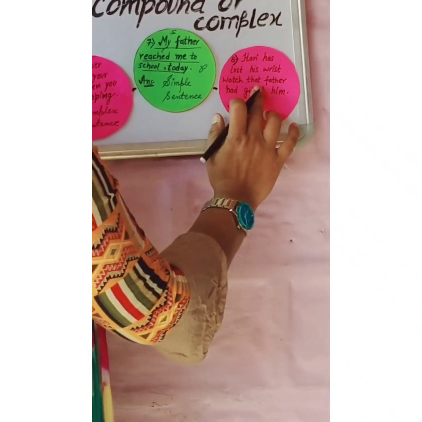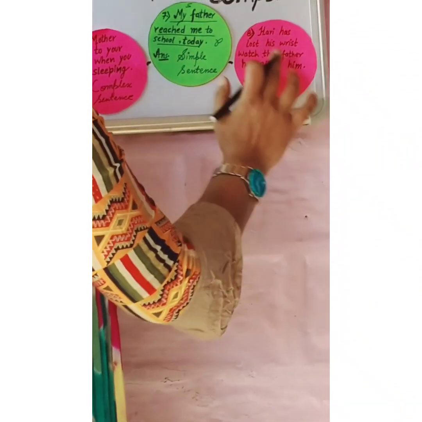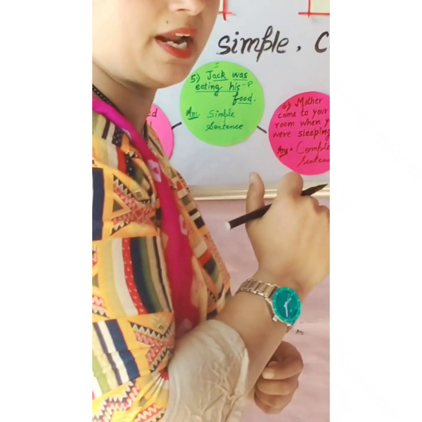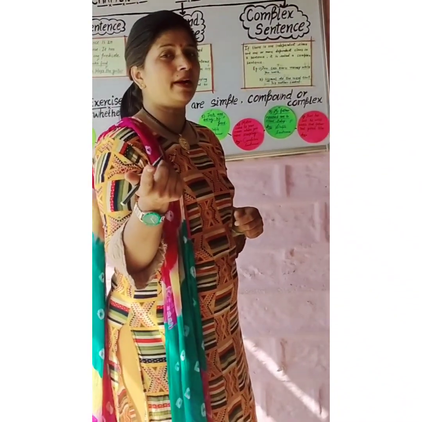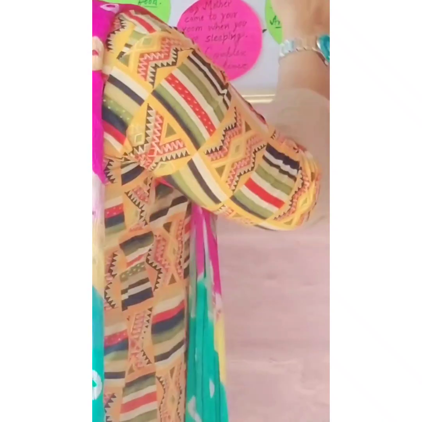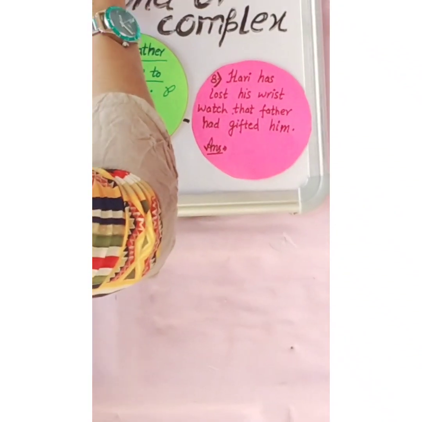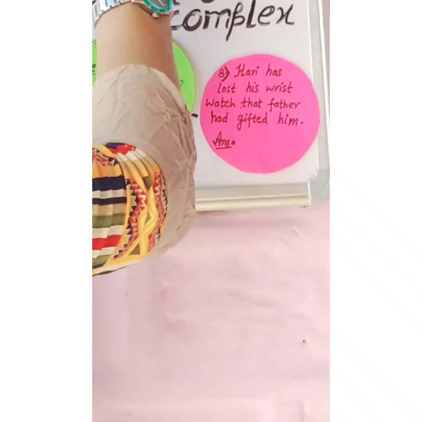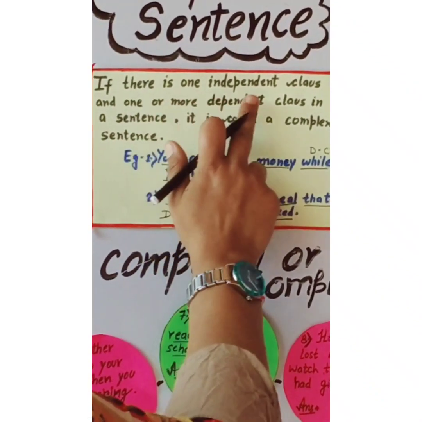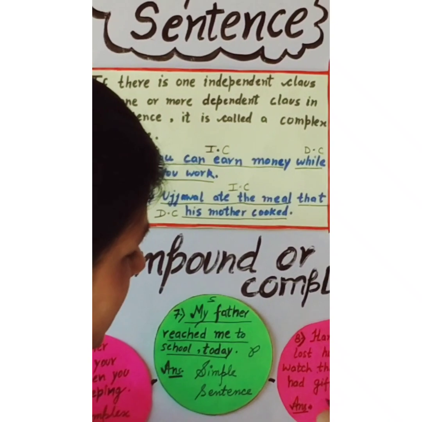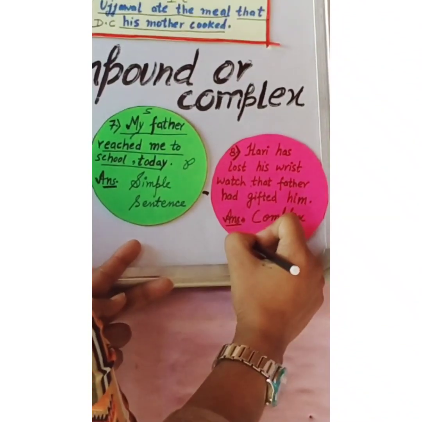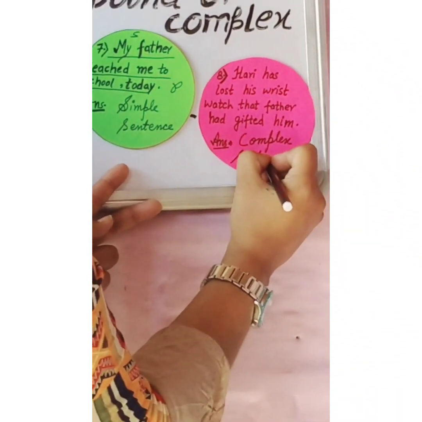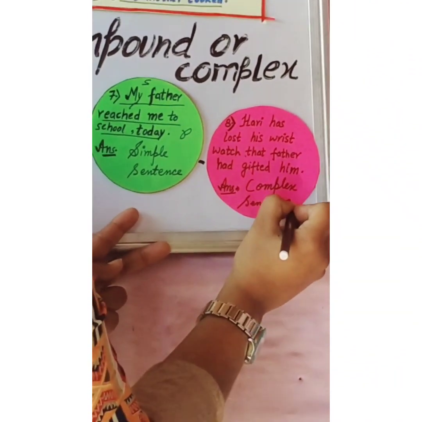But if I say "that father has gifted him", is it making proper sense? No. So it is a dependent clause. Then only it is making proper sense. So if one independent clause is there and one or more dependent clauses are there, then it is known as a complex sentence. Right, my dear students?